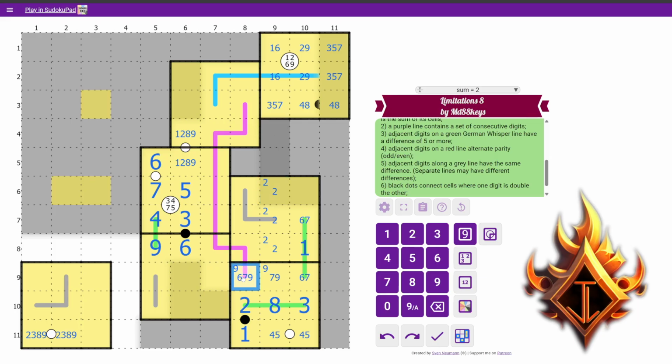Then it would be there, and then it would have to be there, and then it would have to be on there. This blue line is not done.